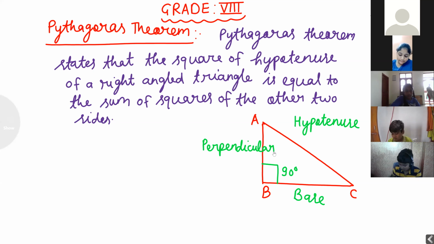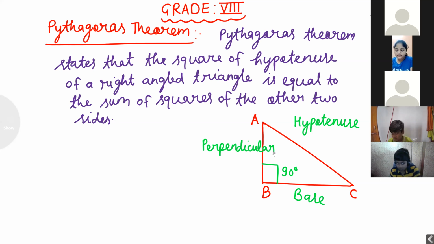Now I have given a very clear concept of the Pythagoras theorem. Pythagoras theorem states that the square of the hypotenuse of a right angle triangle is equal to the sum of the squares of the other two sides. Means hypotenuse square is equal to base square plus perpendicular square.